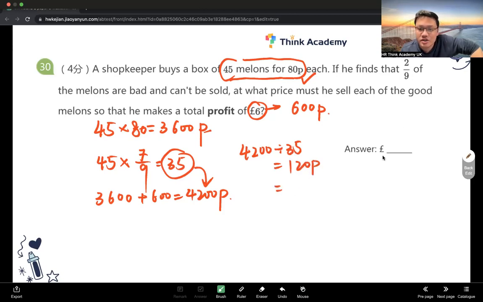And the question is asking about pounds, so it's 1.20 pounds. Okay, that's it. Any questions, guys? Are we good for this one?